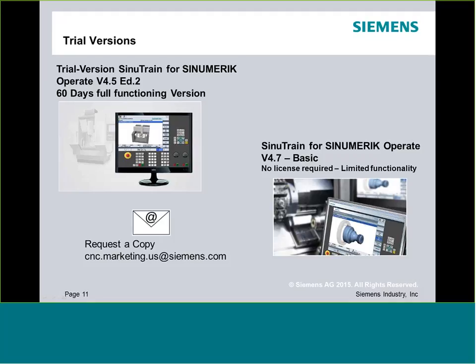So if you want to get a hard copy, request it through the email address we have here below, which is cnc.marketing.us@siemens.com, and that's all lowercase. At that point, send a quick email stating which version you would like to request, and then from there, we'll send you out the appropriate disks. You can install it up, and away you go.